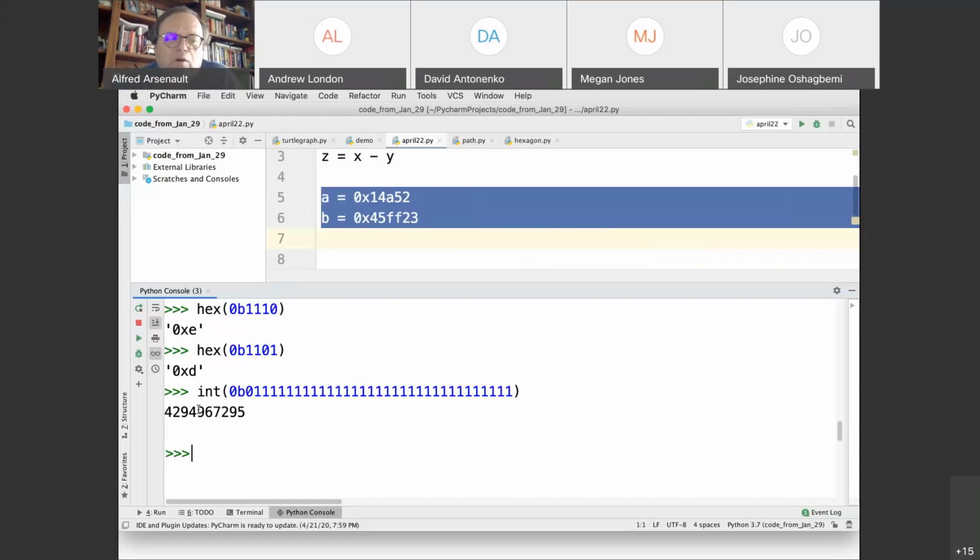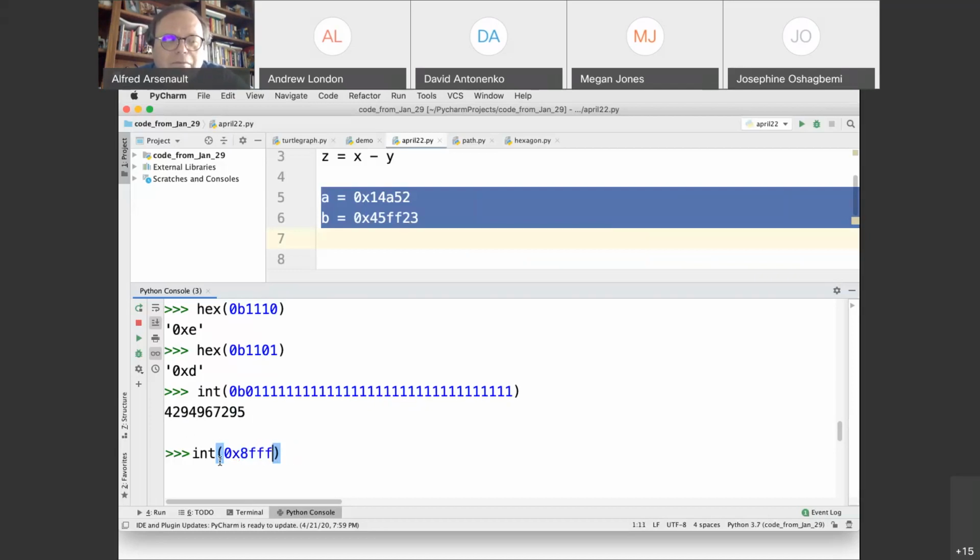It comes out to 4.3 billion, 4,294,967,000. Now, it's kind of ridiculous to show this with all the ones. I could simplify this with a hex value. This is 8 FFF.